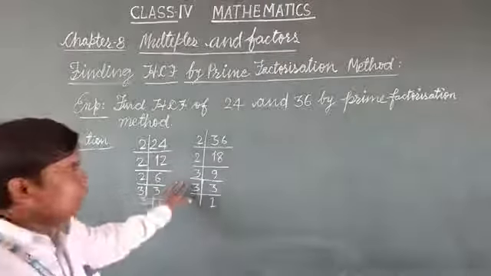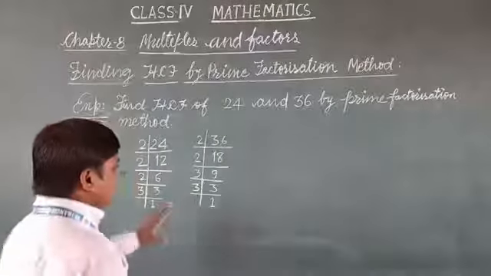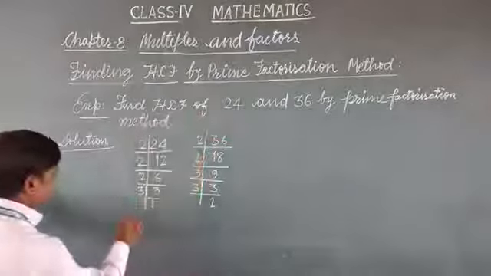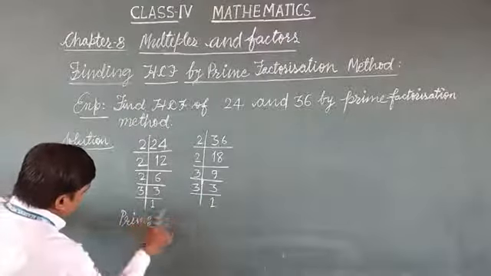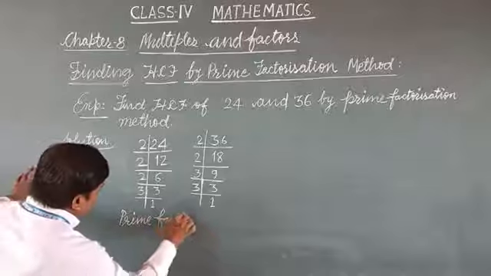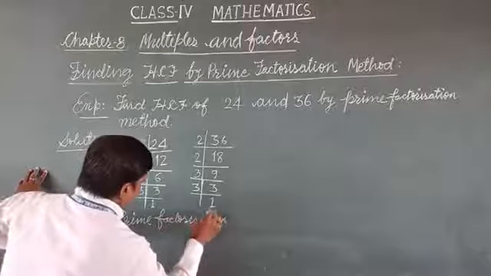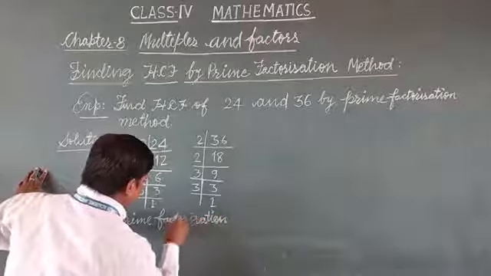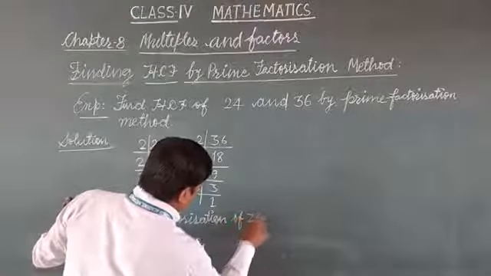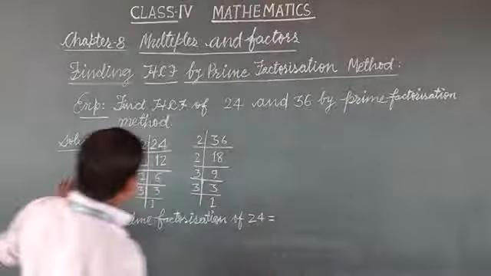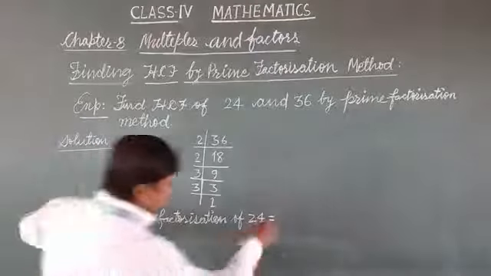Now after writing this, we will write the prime factorization of 24 and the prime factorization of 36. Prime factorization of 24: 2 multiplied by 2 multiplied by 2 multiplied by 3.